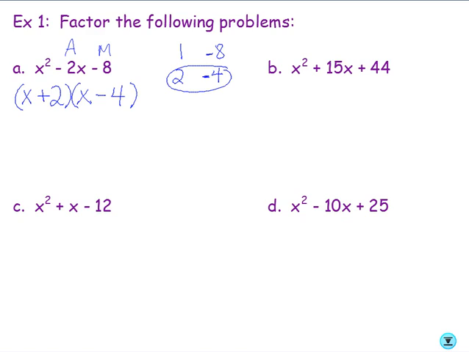Let's look at another set together. B. I am looking for two numbers that multiply to give me C, or positive 44, and add to give me B, or positive 15. So I need to multiply to get a positive and add to get a positive.